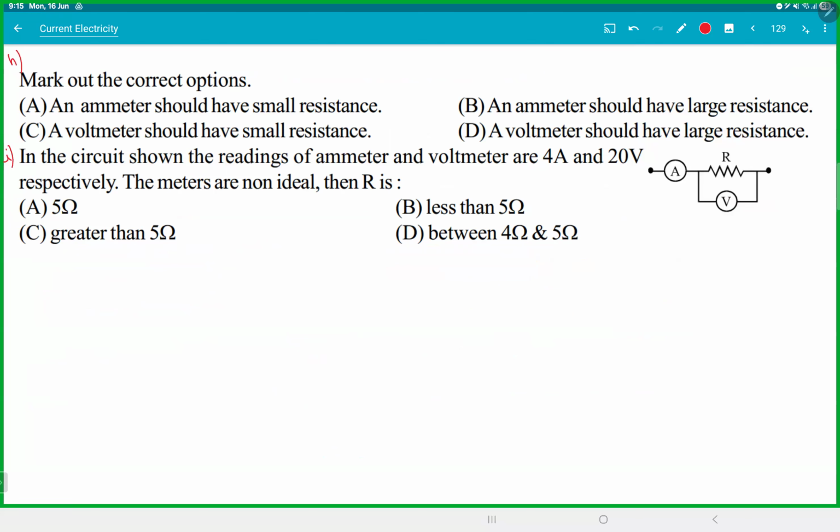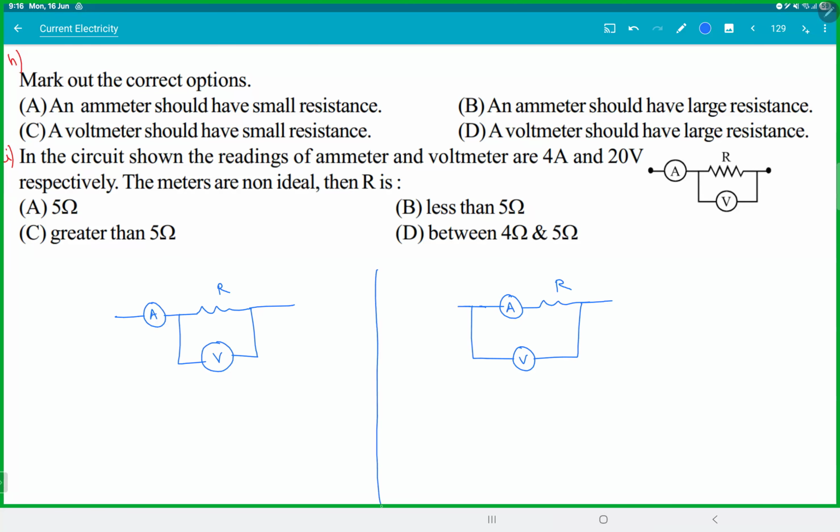Let's get these two. H is easy. This I, let me change the question a bit. There. I made two circuits. Get them both. Yeah, H is easy.